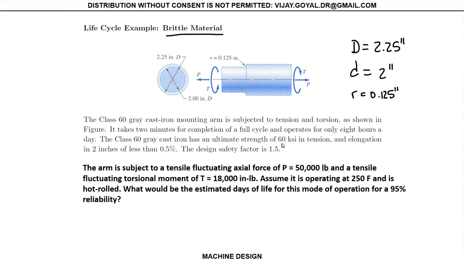And the ultimate tensile strength is 60 KSI. So the problem does give me my ultimate tensile. This is 60 KSI that's given in the problem itself. And I want to use an additional design factor of 1.5. The problem says tensile fluctuating load.